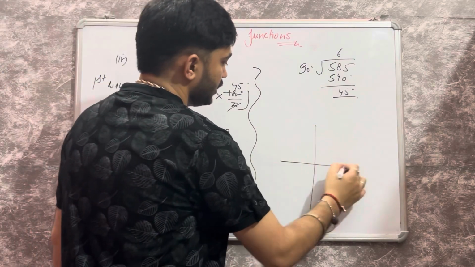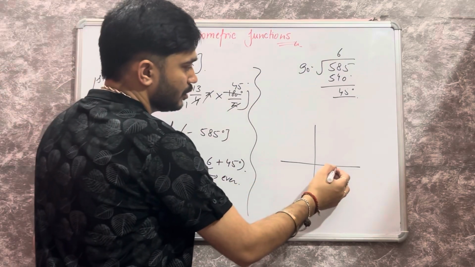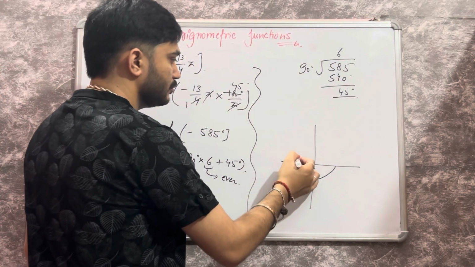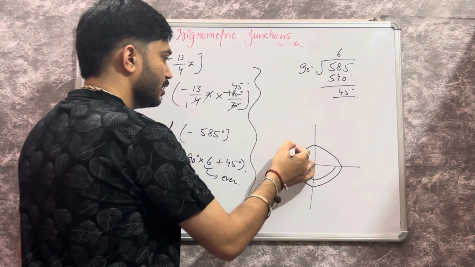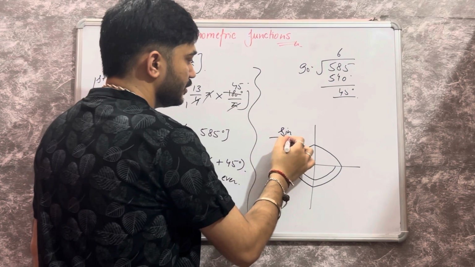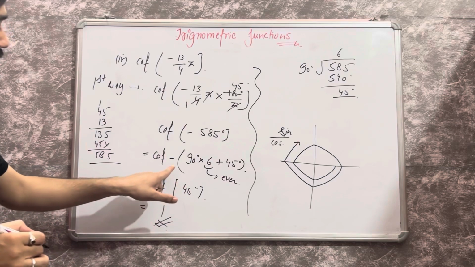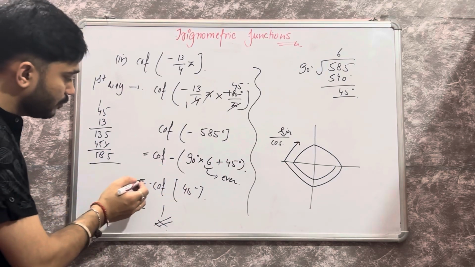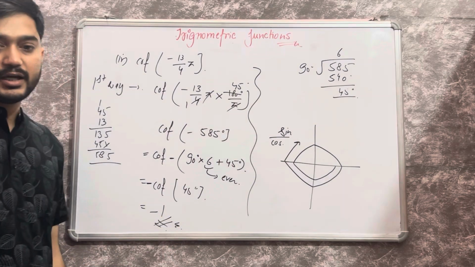Now we have to see whether we have to put a minus sign here or not. 1, 2, 3, 4, 5, 6 plus 45. This quadrant is of sine or cos. But we have cot here. So we are going to add a minus sign in front of it. So the answer will be minus 1. Any doubt?